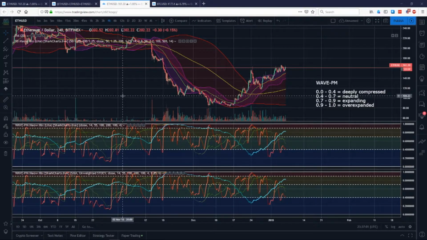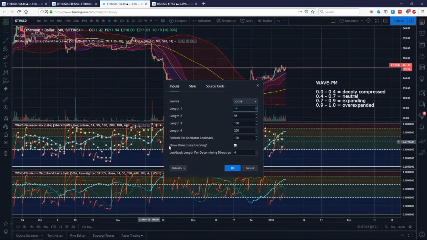So that brings us to just what different things you can do in our Wave PM indicator's settings. You can change these different period lengths on the light version, which is limited to SMA and normal standard deviation. But you probably don't want to, because these are pretty reasonable benchmark lengths.